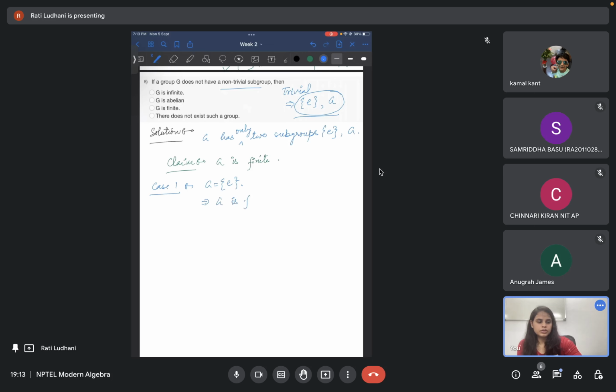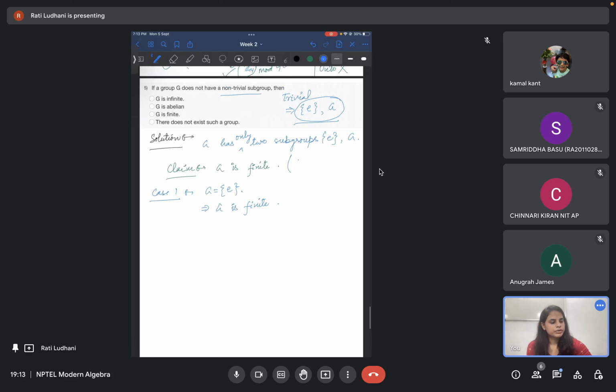There is no issue with that. Finite means just a finite number of elements. There is just one element here, so this is finite.